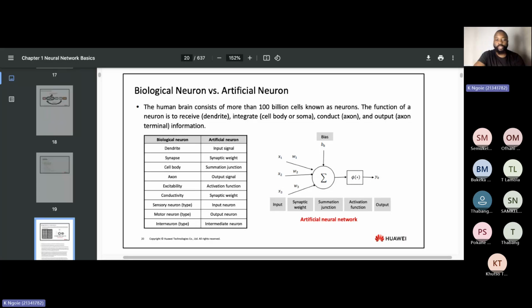Let me see. Yeah, I'm surprised it can't give me that option. Control, share screen. Yeah, but it's supposed to give me that option.